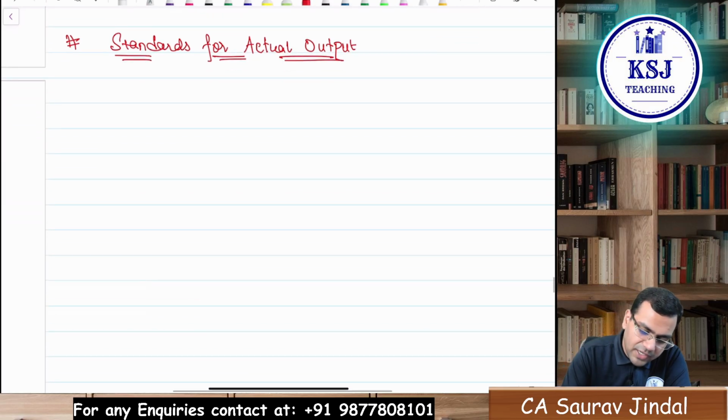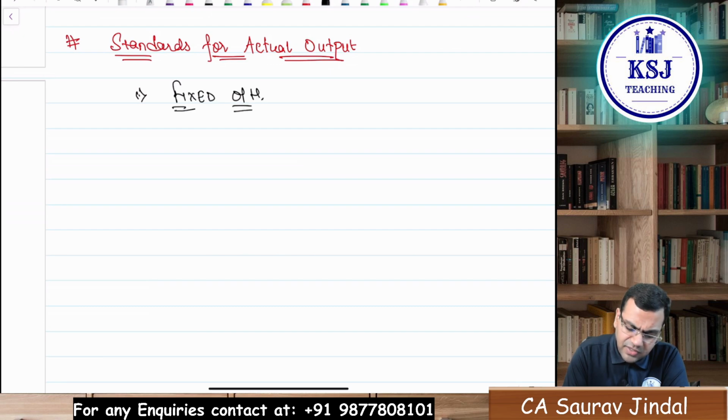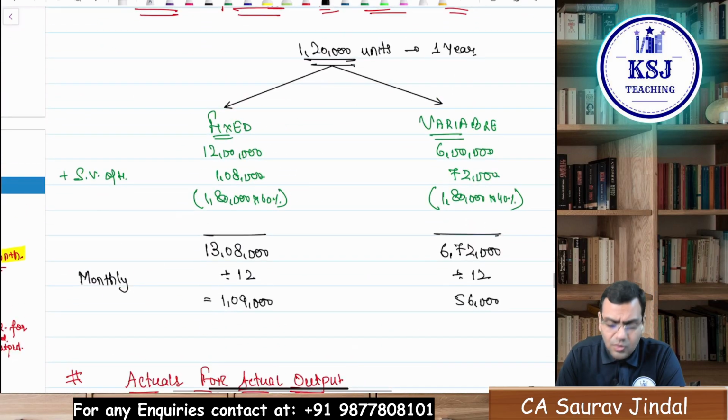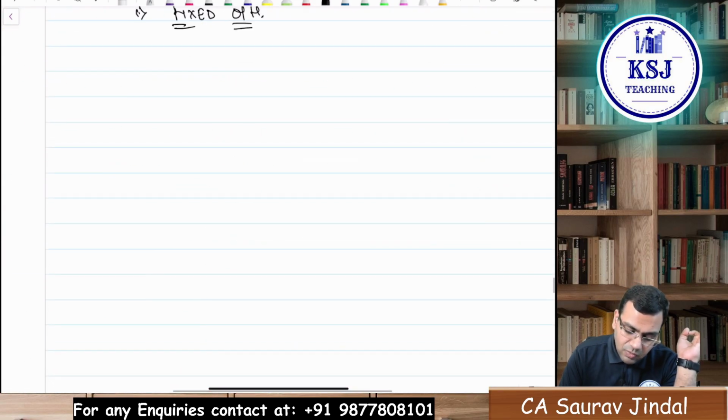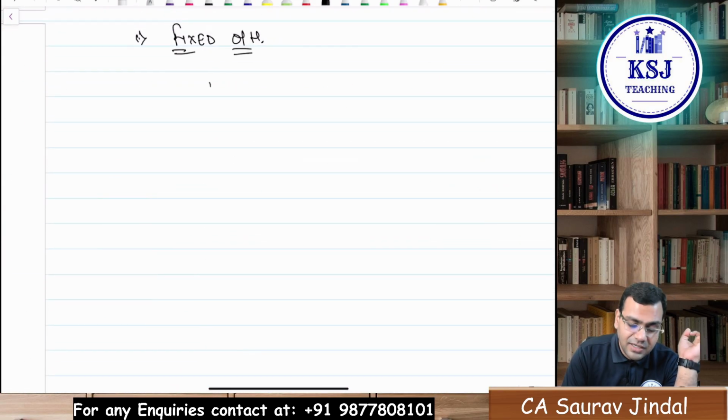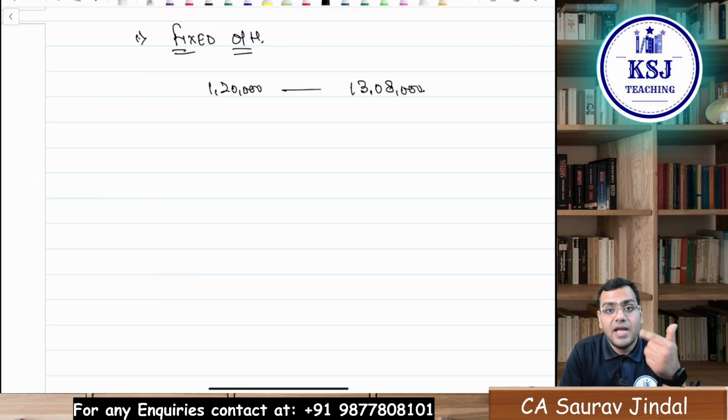How do we calculate the standards now? First we'll see for fixed overheads, how can we calculate the standards for actuals? Very simple, sir. For a standard output of 1,20,000, my overheads are 13,08,000. Now I want to calculate the standards for actual output.